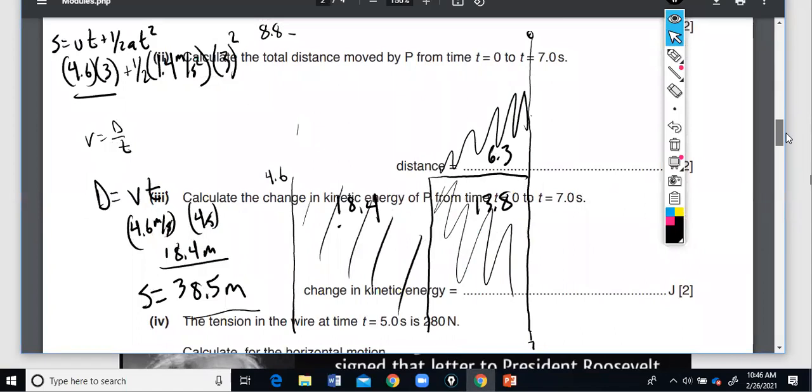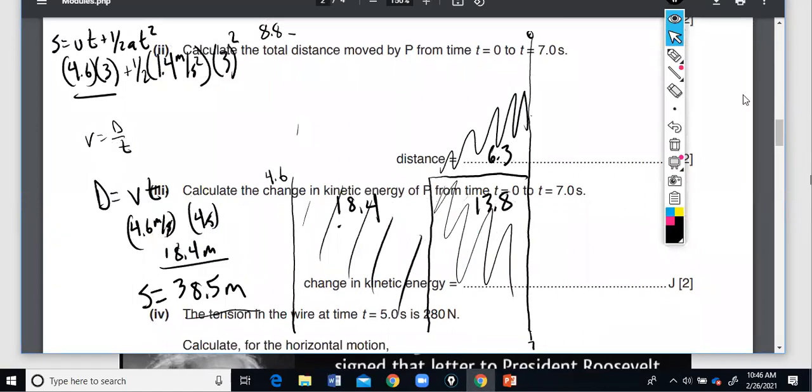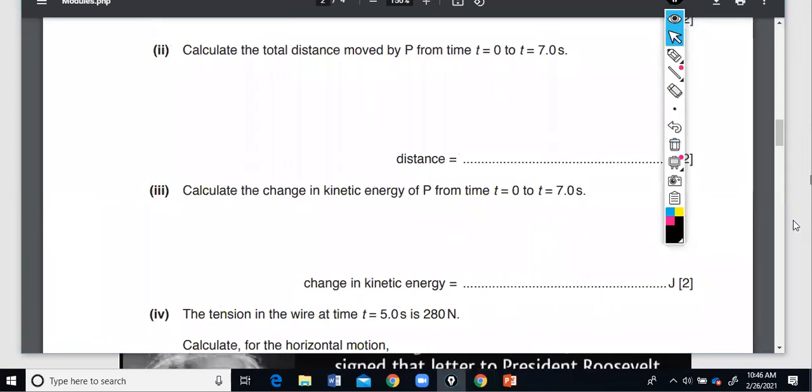Calculate the change in kinetic energy from 0 to 7. So the change in kinetic energy is going to be, let's solve it like this. Change in kinetic energy equals the kinetic energy final minus the kinetic energy initial.